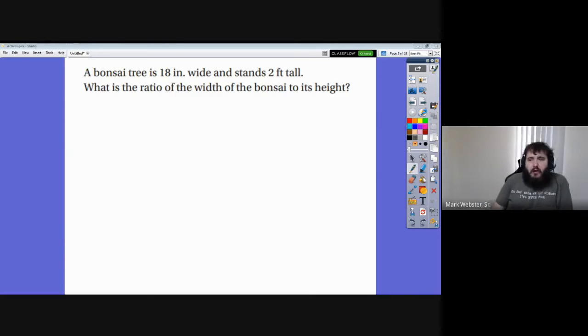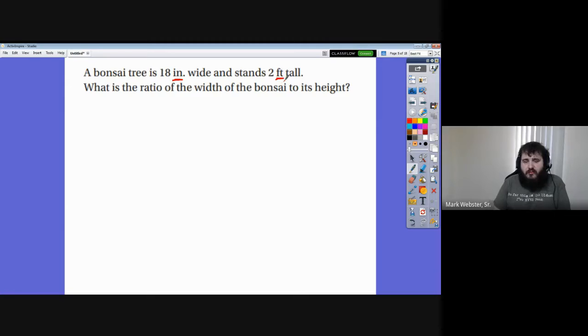All right, let's go ahead and go over this. So it tells us, let's read this out, a bonsai tree is 18 inches wide and stands 2 feet tall. Again, notice inches, feet, different units. We can't have that.